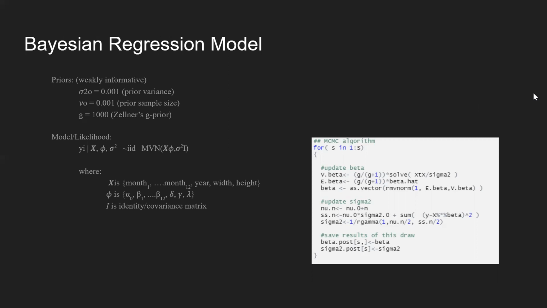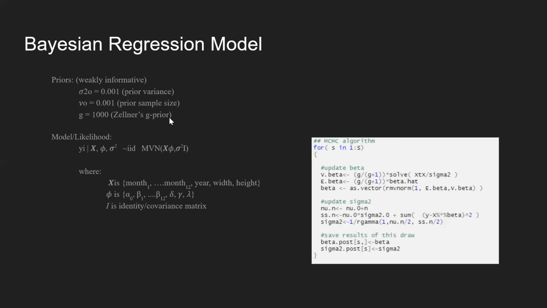So here is a snapshot of our algorithm that we used for obtaining the posterior betas for our model. We first plug in our priors, which are included here. We have the prior variance setup, and then the prior sample size, and the G prior.